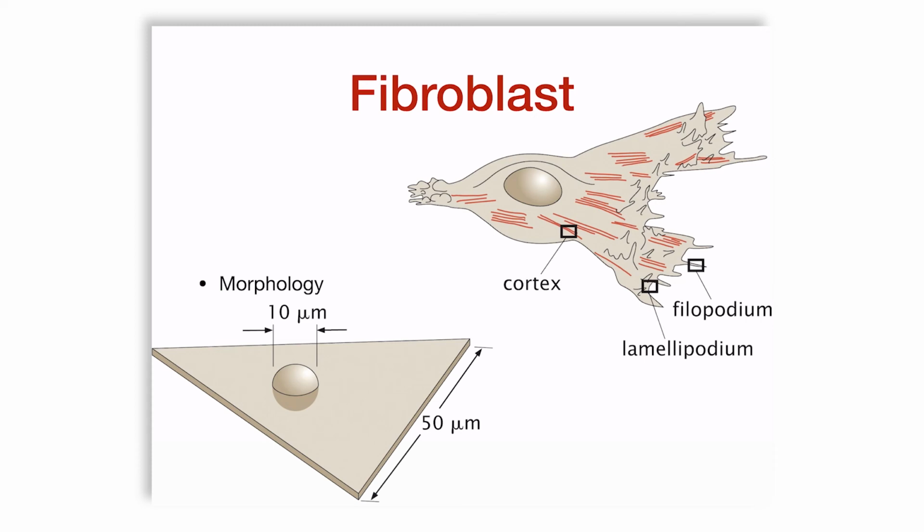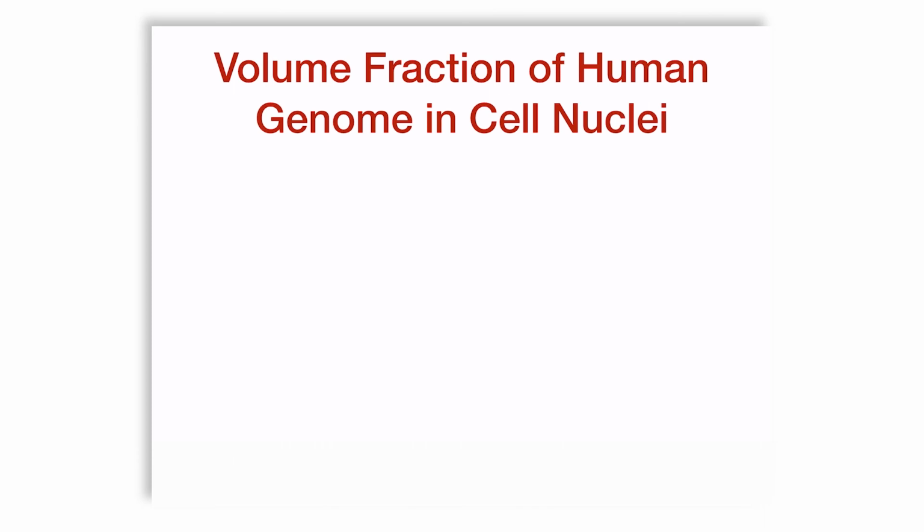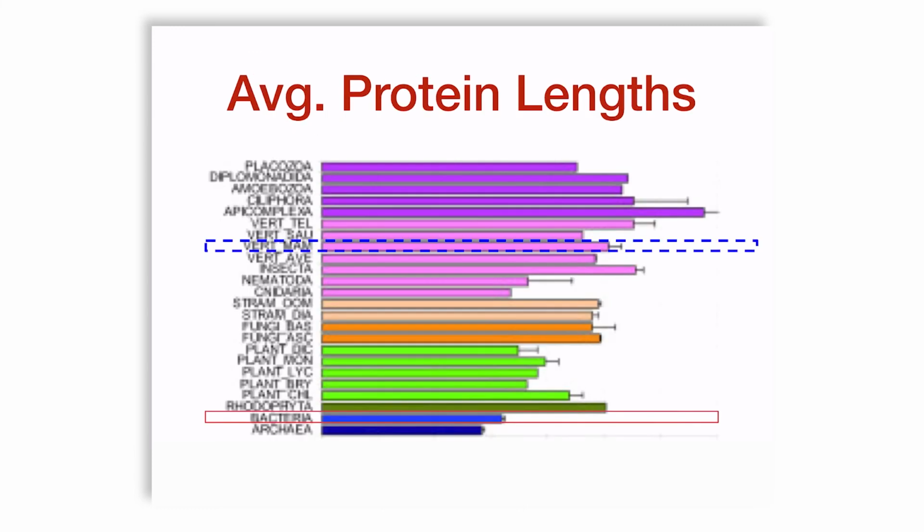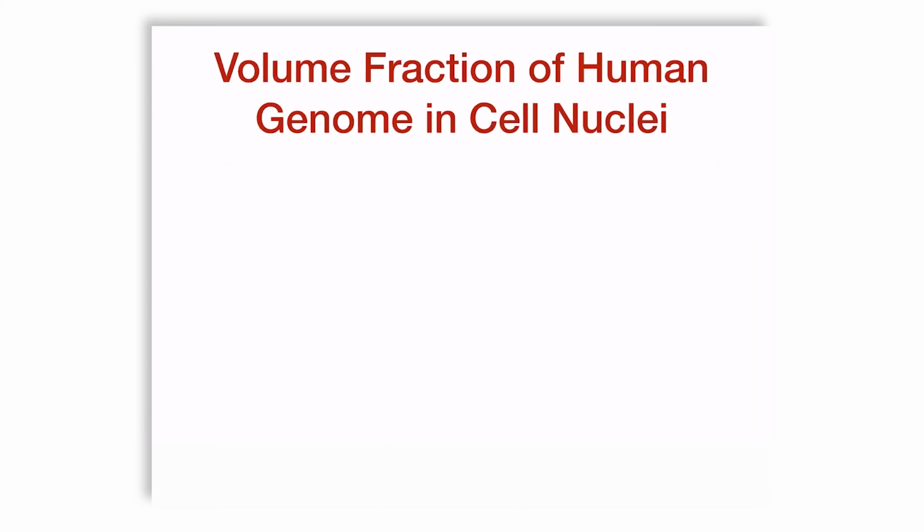This means that we can calculate the approximate area and even volume of the nucleus as well as the cell. So now we can ask the question, what volume fraction of the human genome forms the volume of the cell nucleus? How much of the cell nucleus is occupied by the genome? To do that, we must know the approximate size of the human genome.